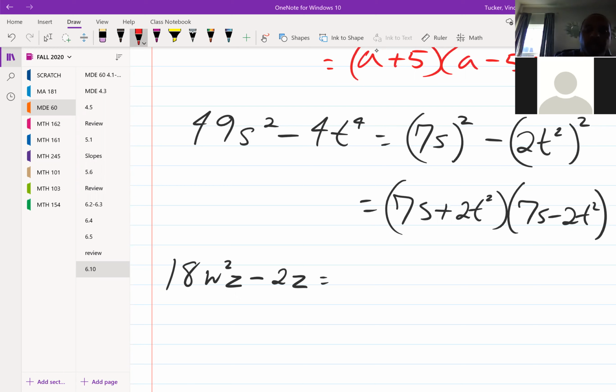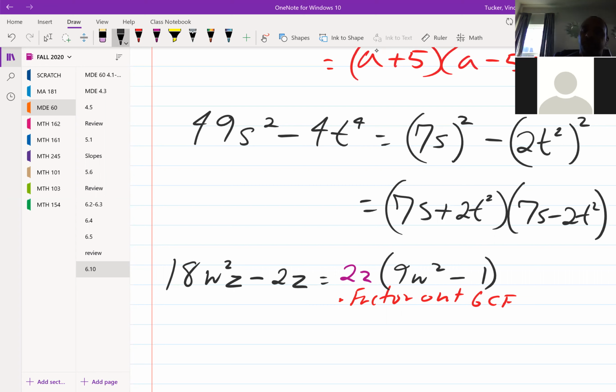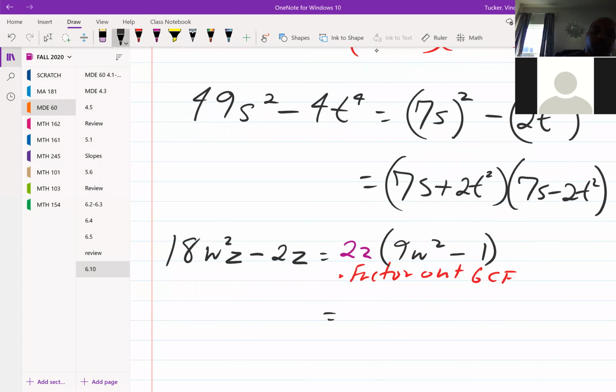All right. So for the next one, 18w squared z minus 2z. Remember I said always look for the GCF first, if possible. Factor it out. Here I can factor out 2z. So that'd be 9w squared minus 1. Now I can use the difference of squares.